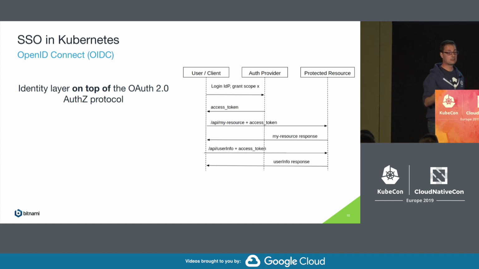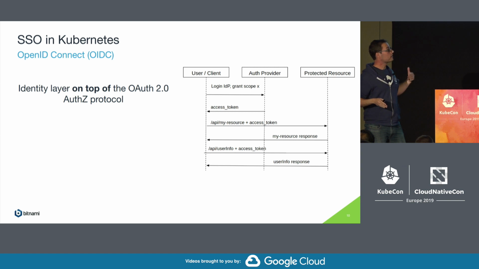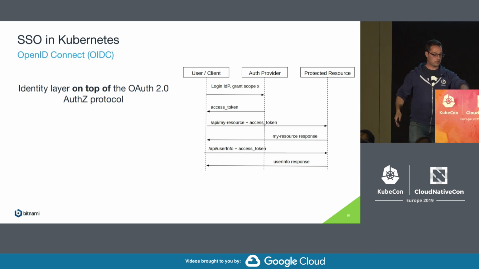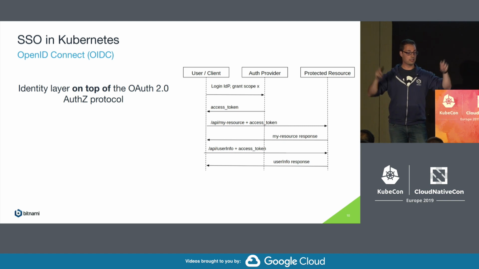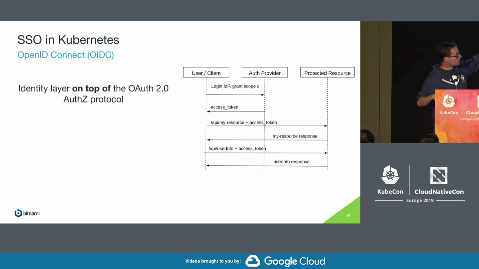And as a result, the client gets an access token that they can then use to access the protected resource. And I said that OAuth2 is an authorization protocol, not an authentication protocol, but there are solutions out there that implemented authentication on top of it by creating user info endpoints that are treated like any other protected resource, which are the 2 lines down there.